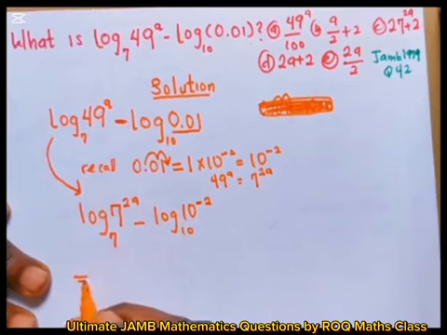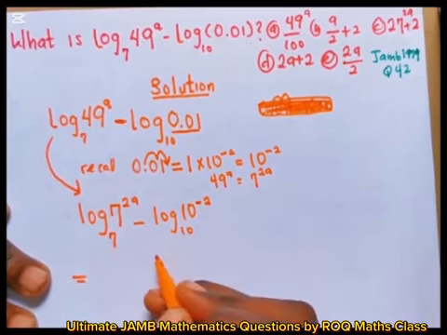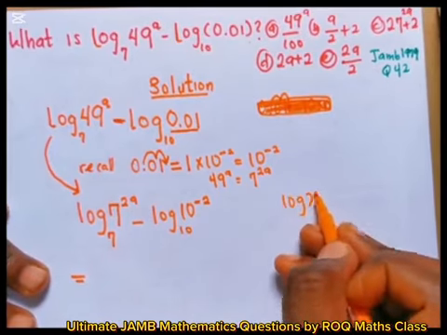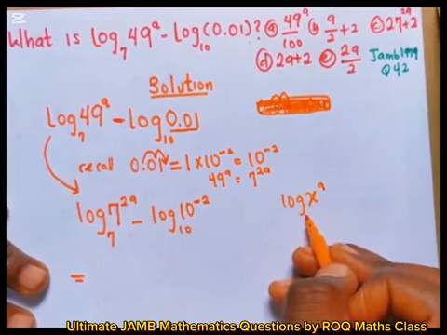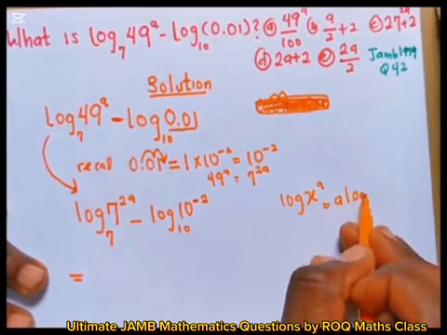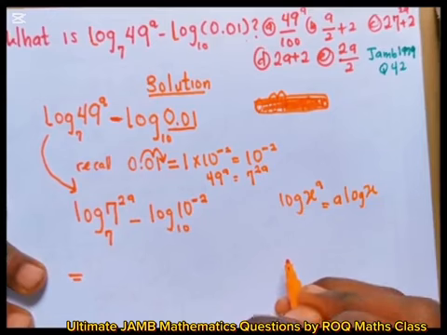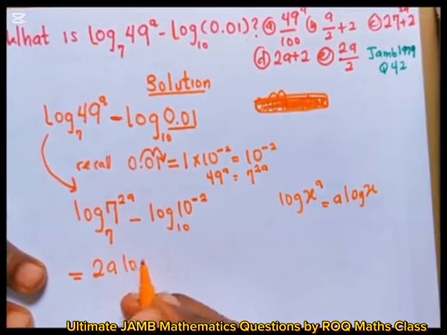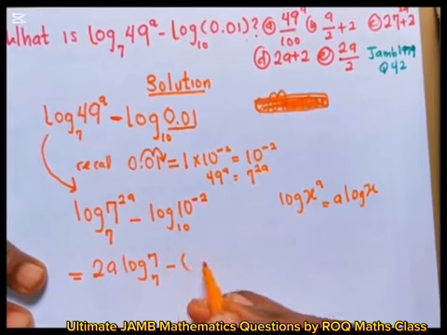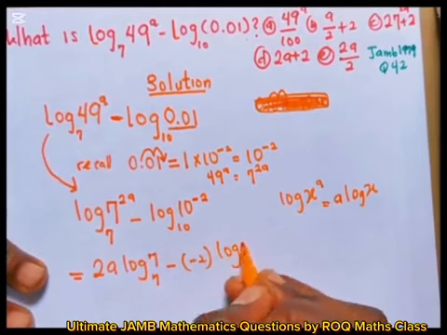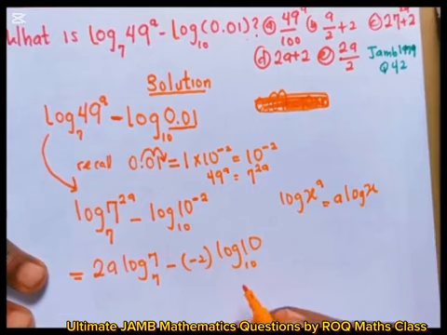This is the same thing as, if you recall from the law of logarithms again, whenever we have the log of x to the power of a, this is the same thing as a log of x. So actually this is the same thing as 2a log of 7 base 7 minus, then my power is going to come down, I have minus 2, then the log of 10 base 10.